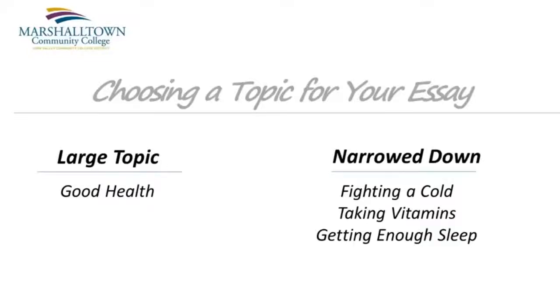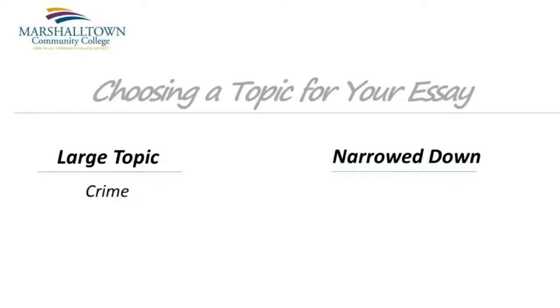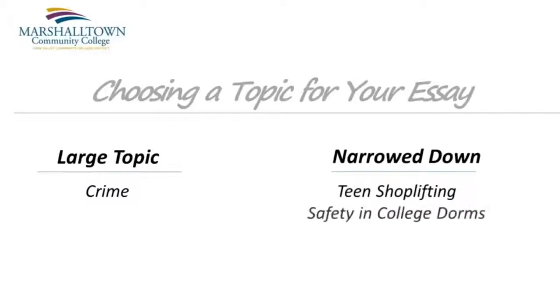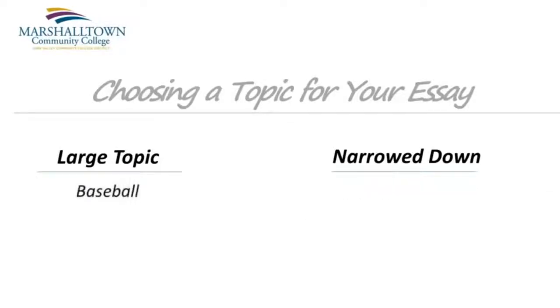How about the topic of crime? Again, this is much too large of a topic to write about in one essay. However, these more narrow topics like teen shoplifting, safety in college dorms, or locking your car doors would be much better choices.